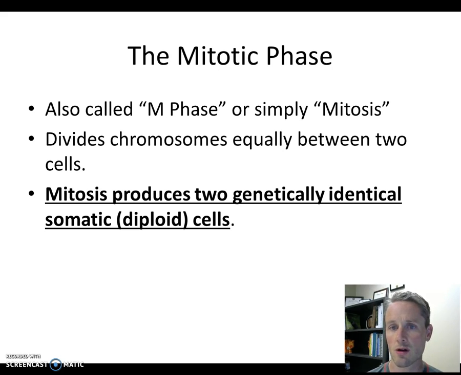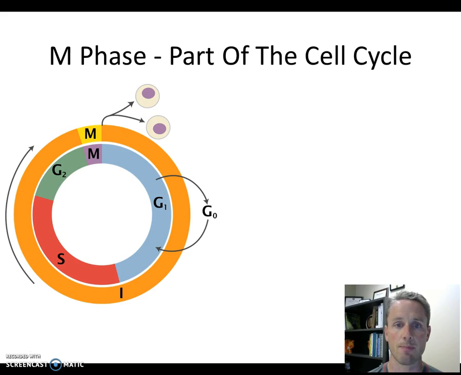So let's look more closely at where this mitotic phase falls in the greater cell cycle. We'll talk more about the cell cycle overall, but here's an image of the cell cycle that breaks it down into this cycle. Cells progress through this over and over and over again.